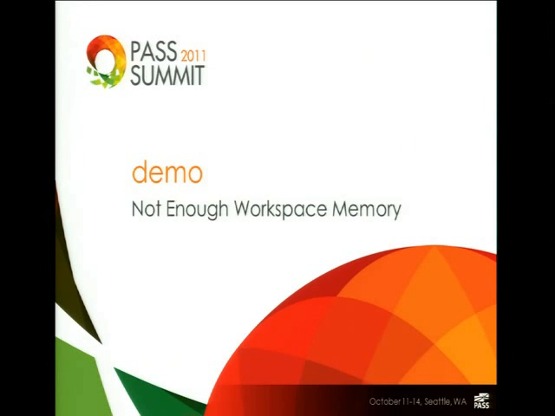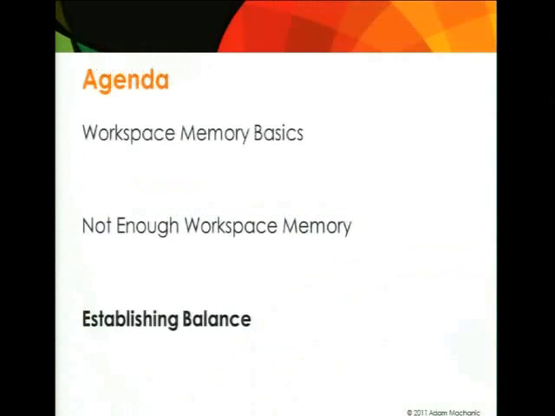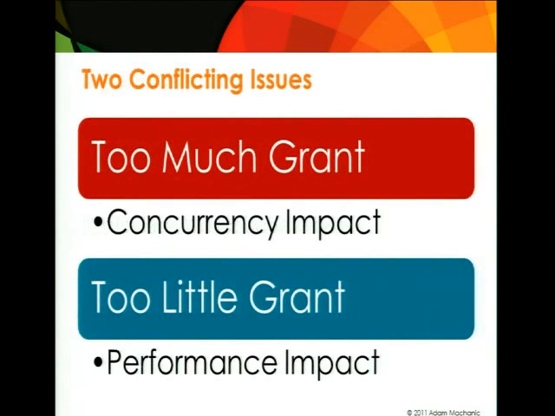Are we back? Yeah. So we talked about not enough memory. Now let's talk about balance. That's really our goal here. We want all the kids to play nicely together without having to fight too much. So we have two issues at hand. We have the issue of too much grant. Not too much grant for the query that's running now, but too much grant for all the other queries, which means that the query we run now doesn't have enough grant.